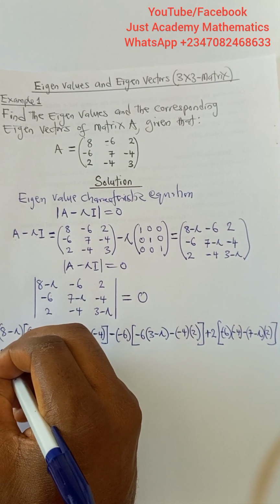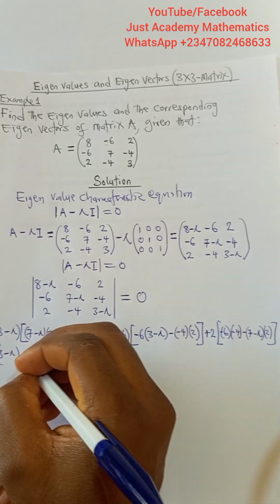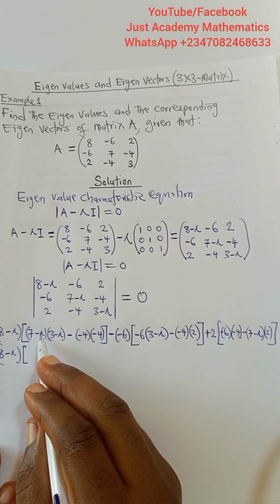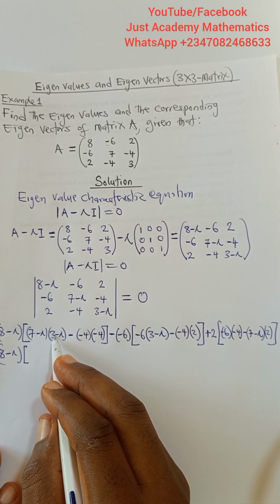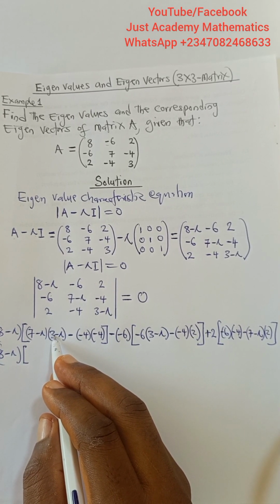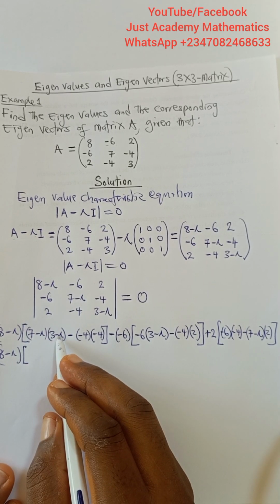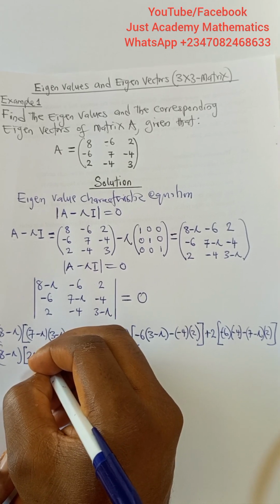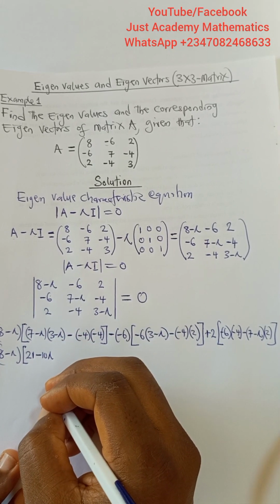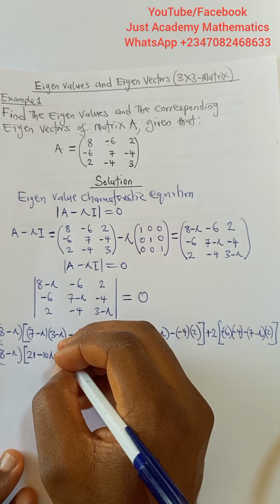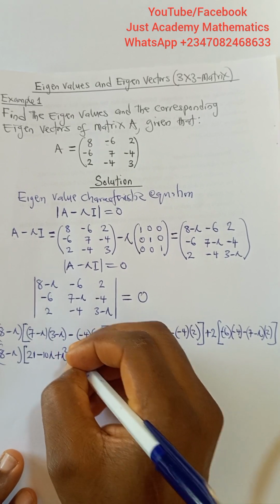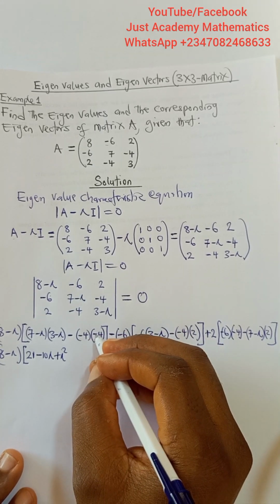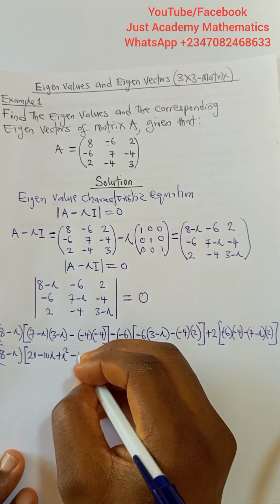So this will give me 8 minus lambda times, if you open this bracket here, 21 minus 7 minus 3, so I'm going to get 21 minus 10 lambda, then minus times minus gives plus lambda squared. Then minus 4 times minus 4 is 16, with the sign being minus, so minus 16.